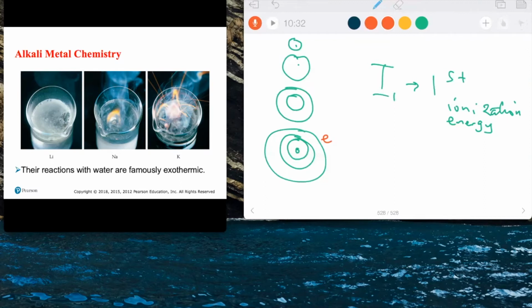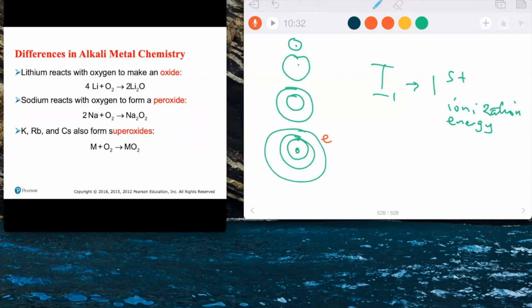Even water in the atmosphere is enough to cause an explosion. When it reacts with H2O, hydrogen is given off, and it's just going to be like a hydrogen bomb, which is something different.